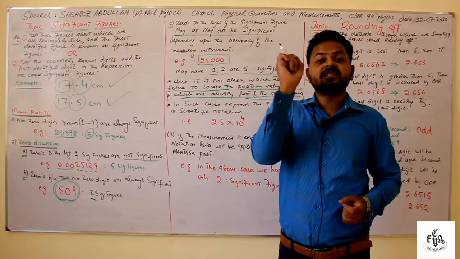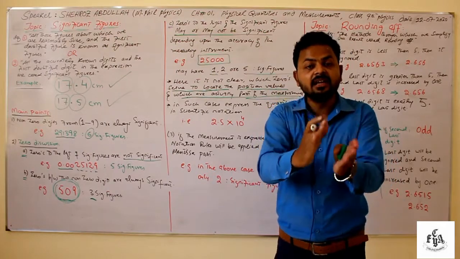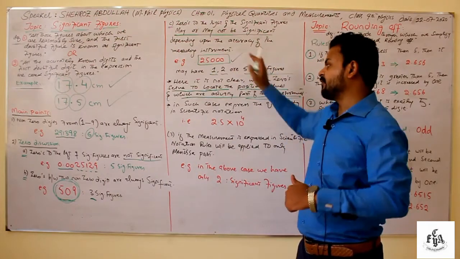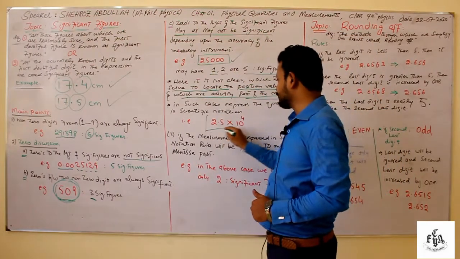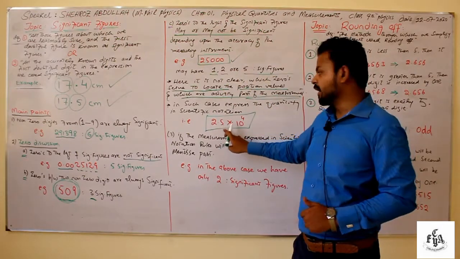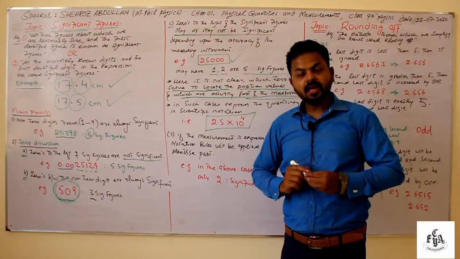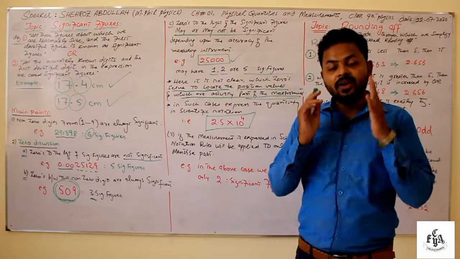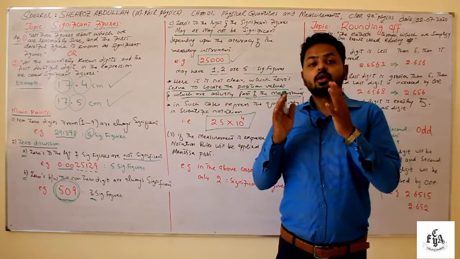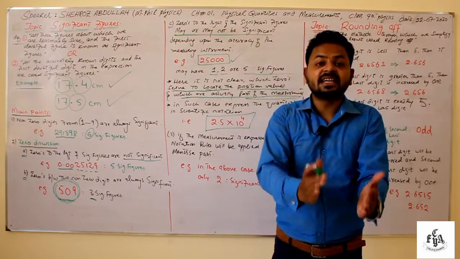In such cases, we have to express the value in scientific notation. If you express this value in scientific notation, it will be 2.5 times 10 raised to the power 4. Now remember, whenever a reading is expressed in scientific notation, the rules are applied only on the mantissa part.